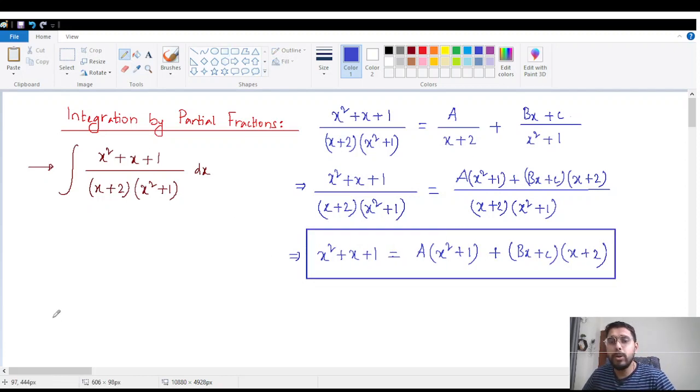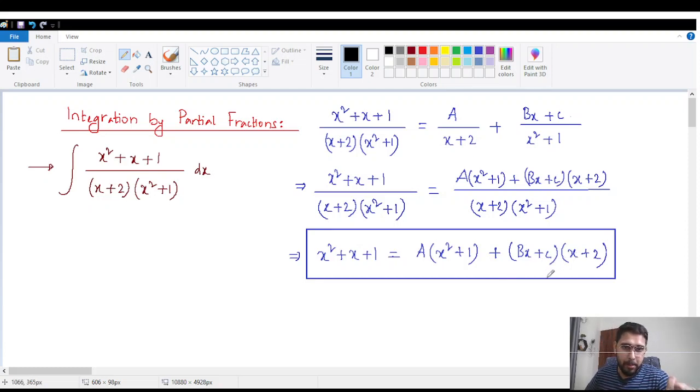Now we are going to find the answers of the constants A, B and C. Okay, there are three constants A, B and C. We are going to put different values of x and find out the value of A, B and C. So let us understand how to do it. Now as you can see, Bx plus C is multiplied with x plus 2.